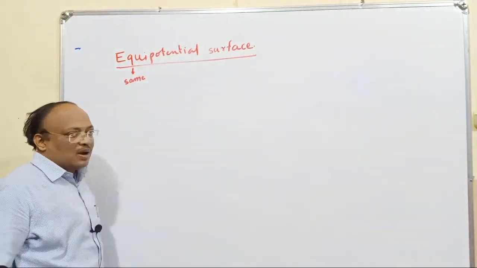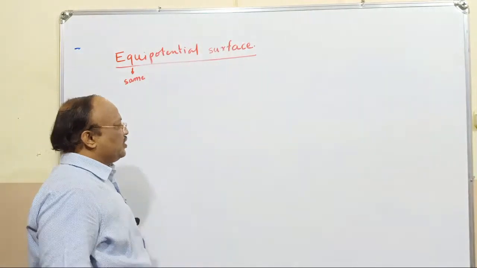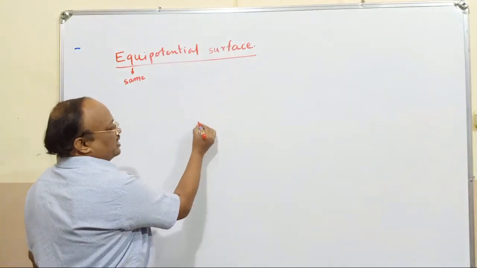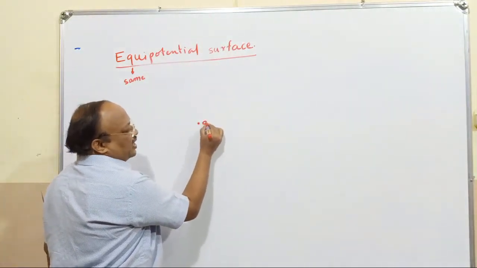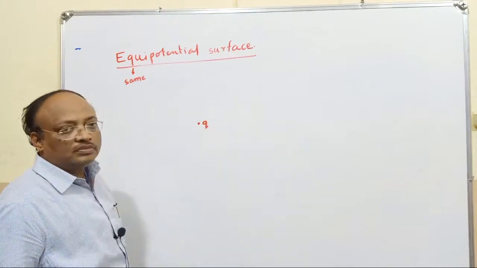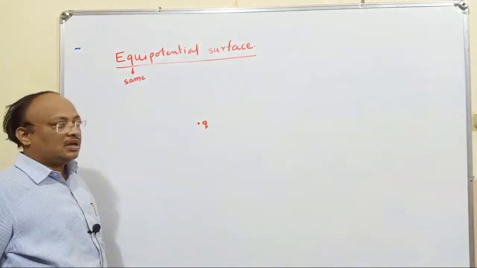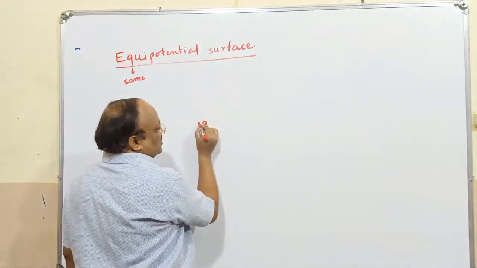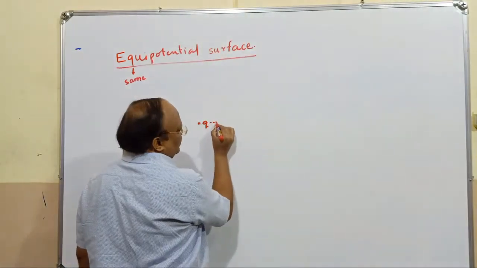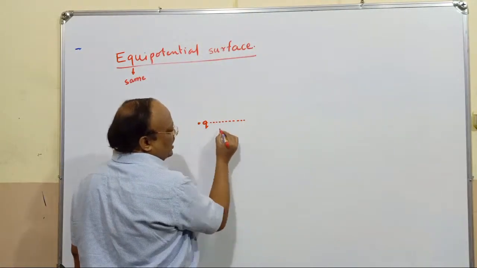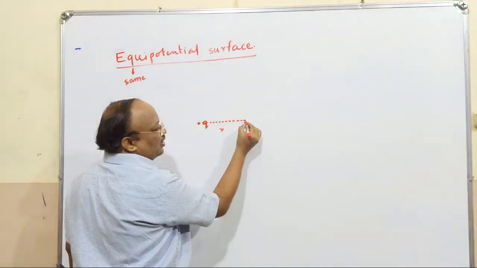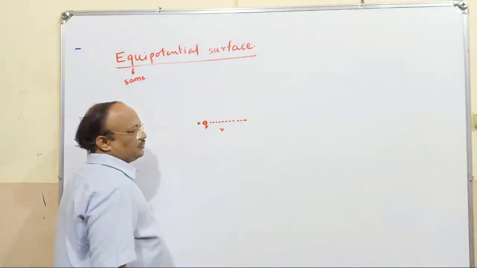With one example we can understand very clearly what it is. Let us consider a charge Q. At a distance r from it, we have one point.